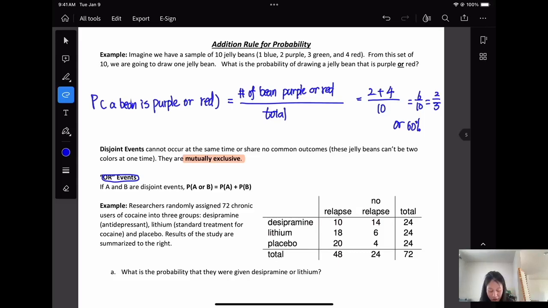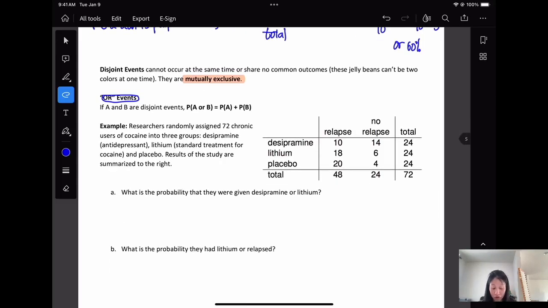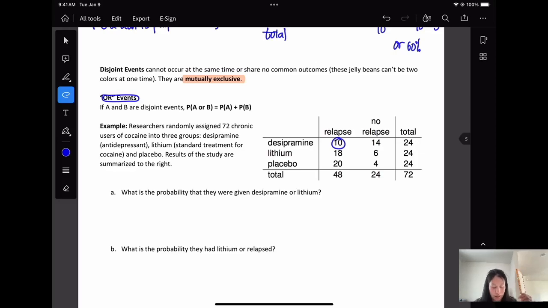Okay, so here's an example. Researchers randomly assigned 72 chronic users of cocaine into 3 groups: Zipamine, which is an antidepressant medication, lithium, a standard treatment for cocaine, and the placebo. Results of the study are summarized to the right. First, we need to know how to read this table. For example, the 10 is the people who took Zipamine and also relapsed.